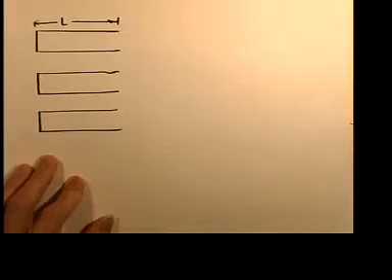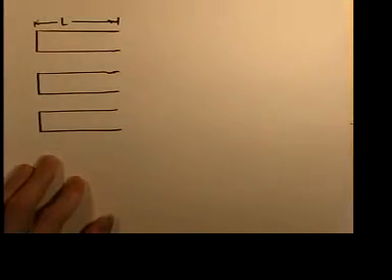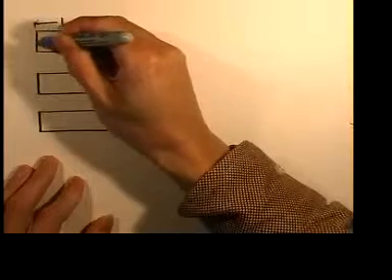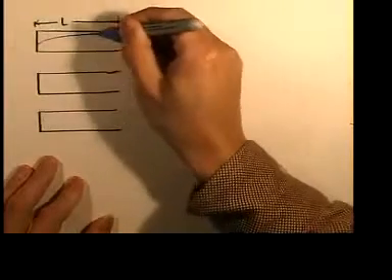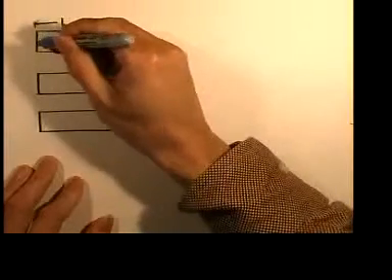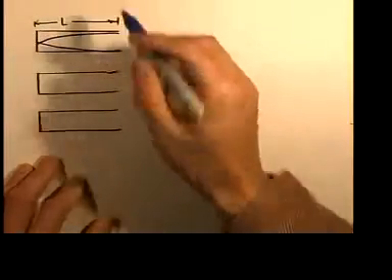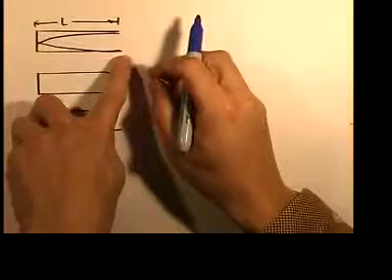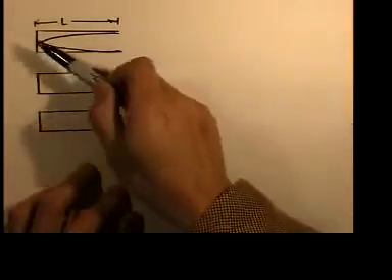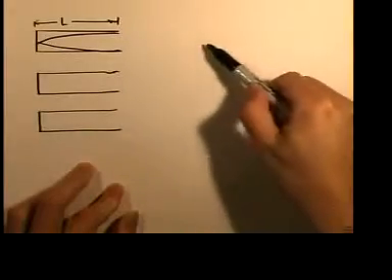So one possibility, which corresponds to the largest possible loop size, would be something like this. After all, you have a node here and an antinode there. Now if you draw something like that, then you realize this is only half a loop, right? Because if I extend the other half, I get a whole loop.